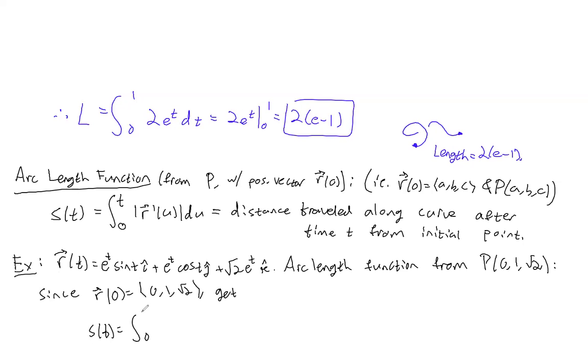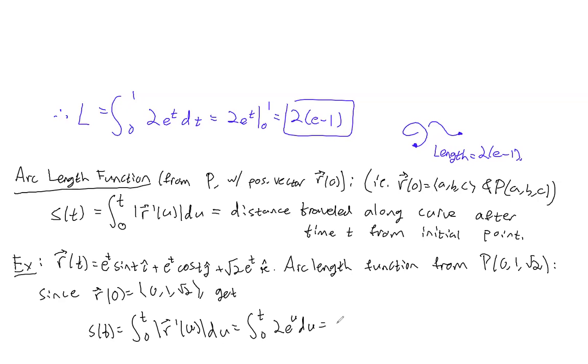is the integral from 0 to t of magnitude r prime u du. Now, we know what r prime u is, by the way. We had already calculated that. That's the integral from 0 to t of 2e to the u du.